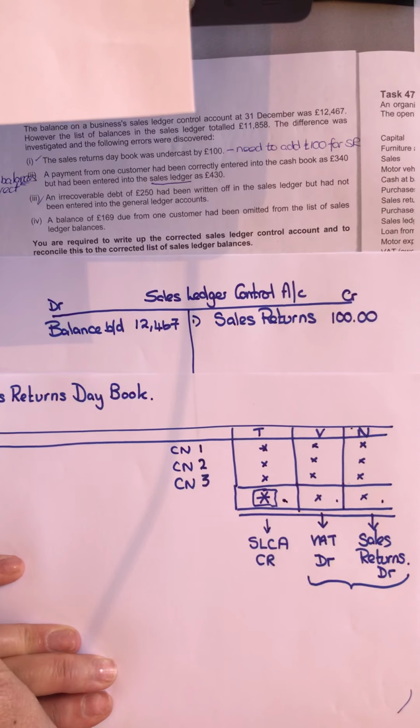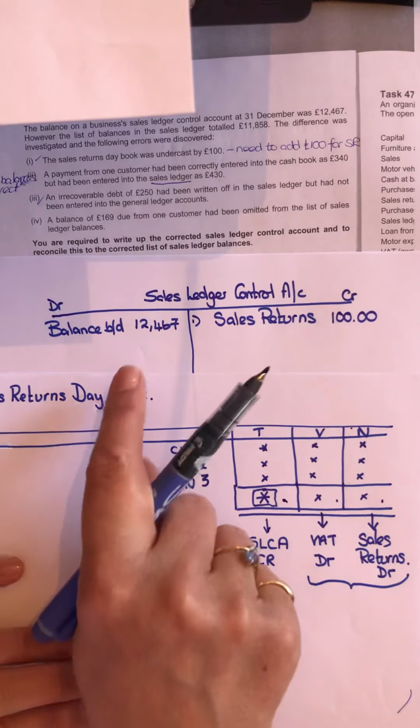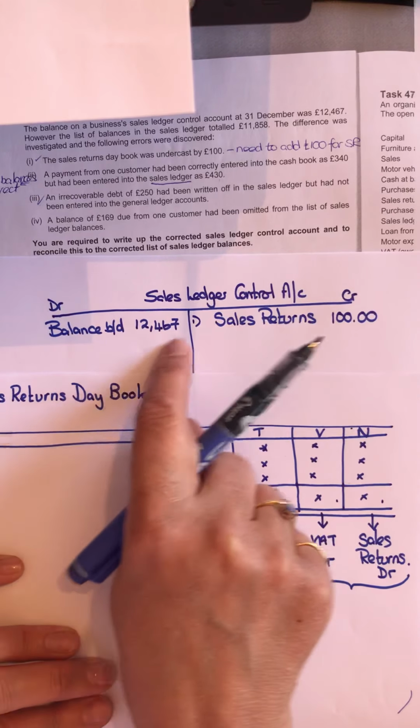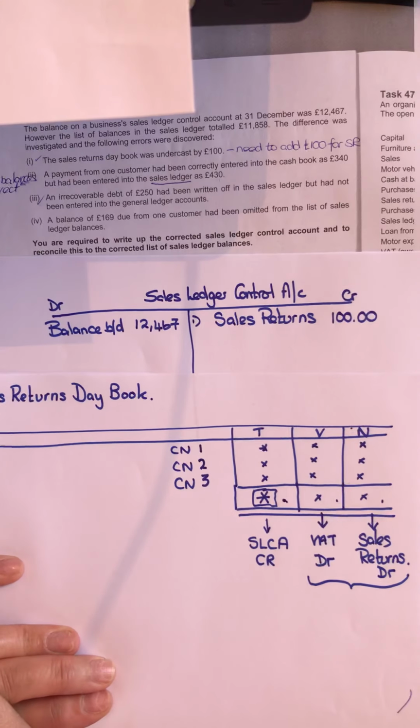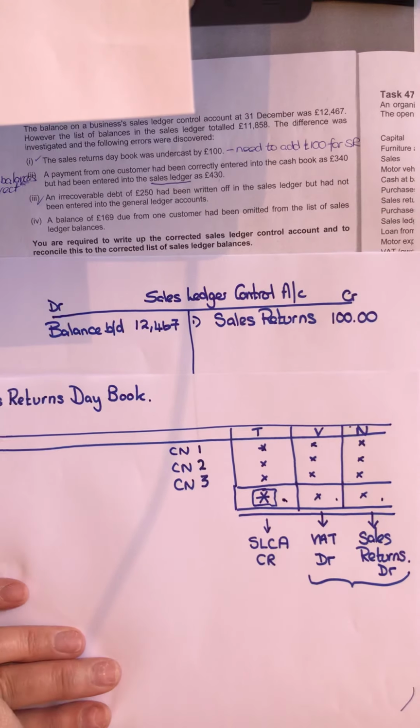We're using it just as a subsidiary account, or known as a memorandum account. It's made up of all your customer accounts, and we only put figures in there to remind us exactly which customers owe us money. The total of what our customers owe us goes in the sales ledger control account, but we break it down so that the business can know who to chase payment from which customers.